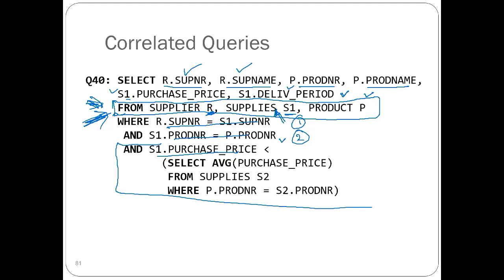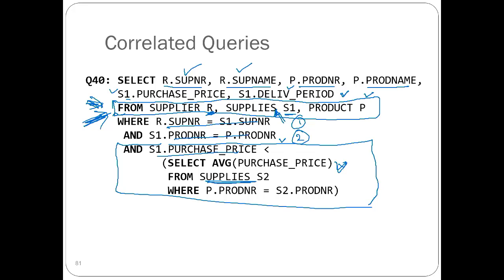We are interested in finding out the supplier number, supplier name, product number, product name, purchase price and delivery period for that supplier and the product whose purchase price is less than, right, what? This thing over here, what is it? The average price for that product from all the supplies, right?